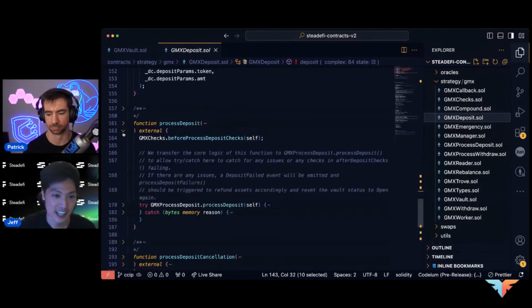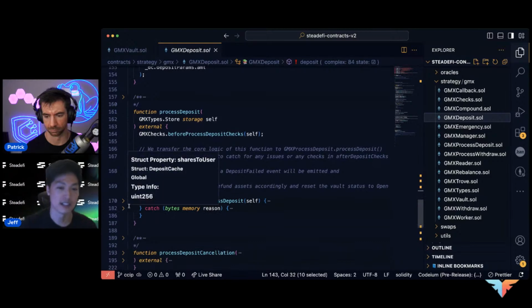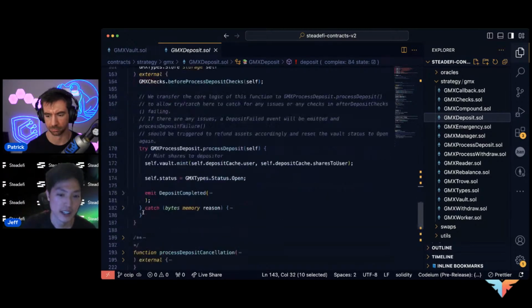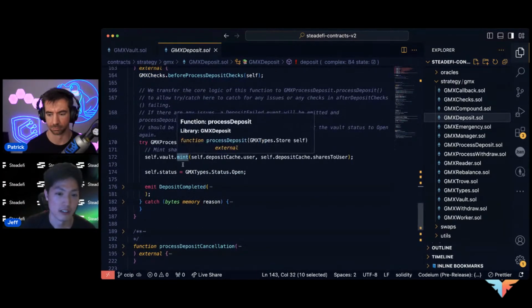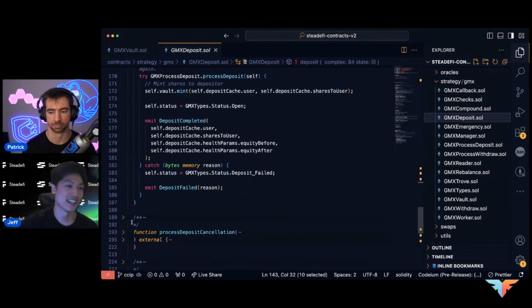And here is the actual logic of the processDeposit function. All this does is check that if everything is okay, then it mints the vault tokens to the user that deposited and sets the status to completed. And if things are not okay, that's where we need to start another flow of handling things to reset the vault again. So it gets a little bit complicated here.